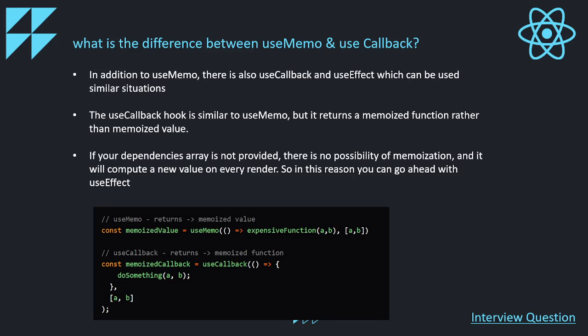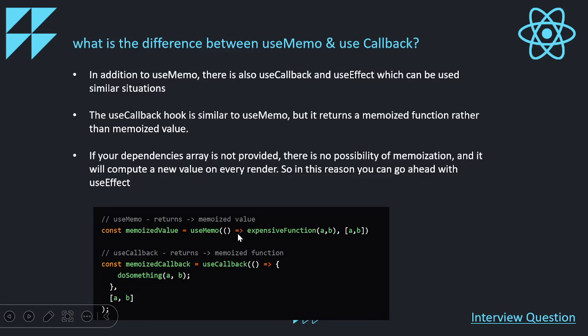The useCallback hook is similar to useMemo, but it returns a memoized function rather than a memoized value. This is the most important part: what is the difference between useCallback and useMemo? useMemo returns a memoized value, whereas useCallback returns the entire memoized function. You can see this example of code. The first example is for useMemo.